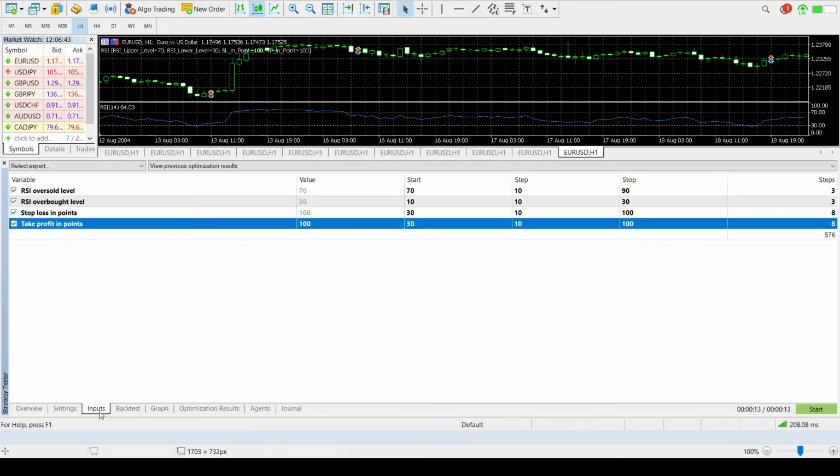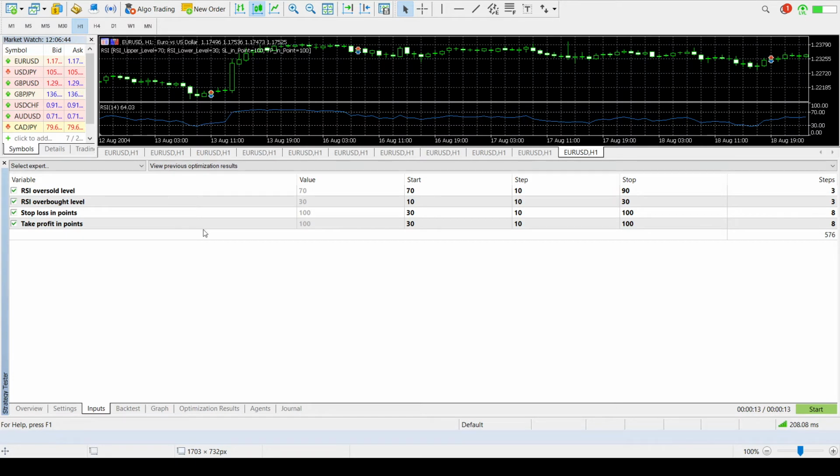For the inputs, in my EA, I have already predefined these inputs. As you can see here, we can determine the oversold level and overbought level, and the stop loss level and the take profit level that we want MT5 to test for us.